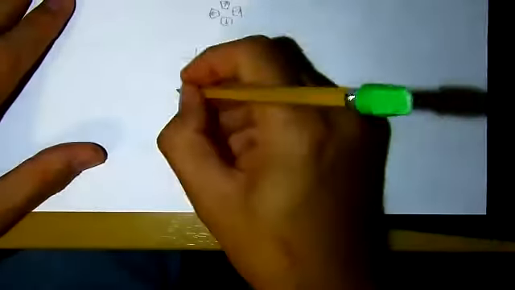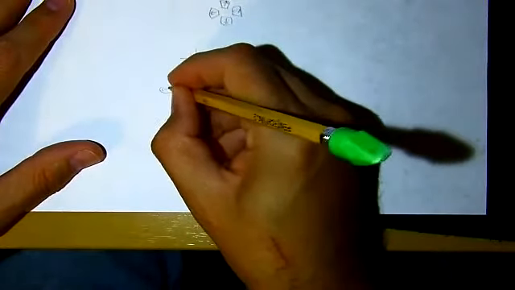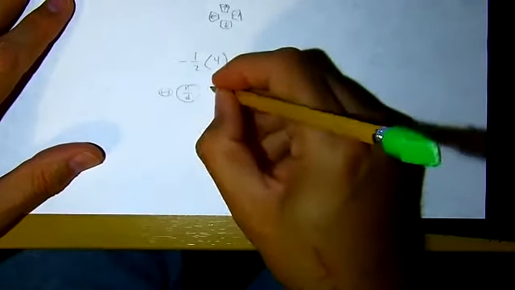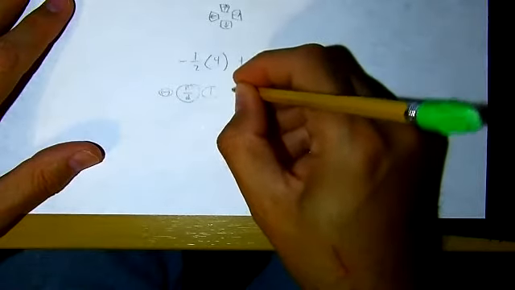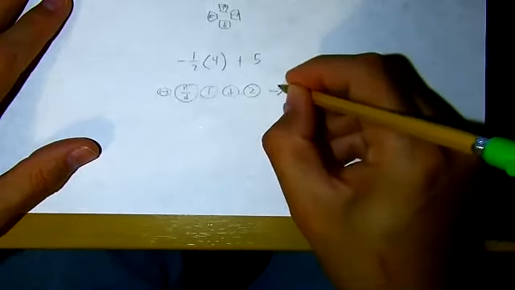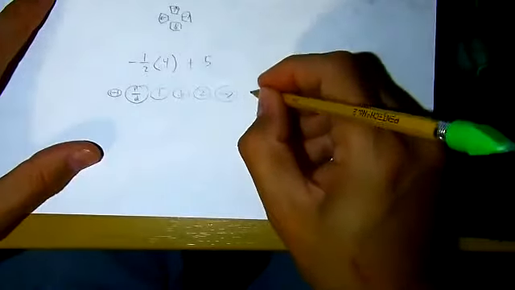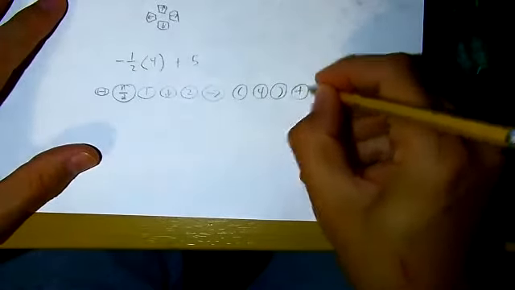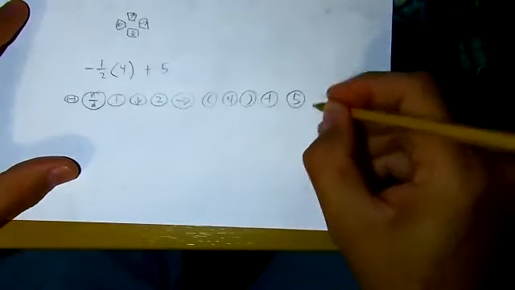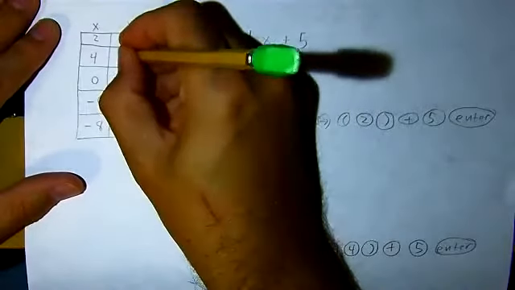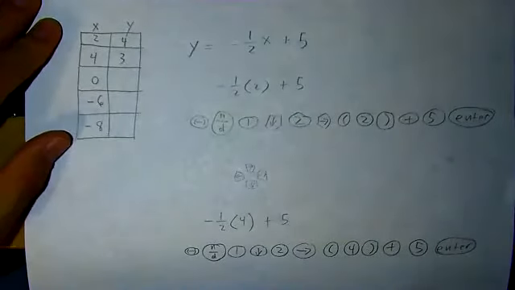So on your calculator, you hit the negative, N over D, 1, down, 2, over, parentheses, 4, parentheses, plus 5, enter. And it should give you the answer 3.